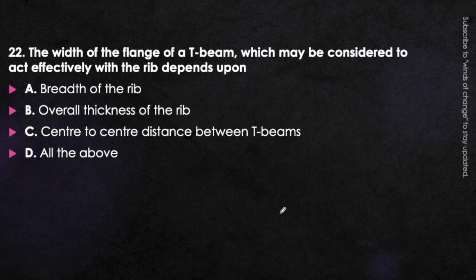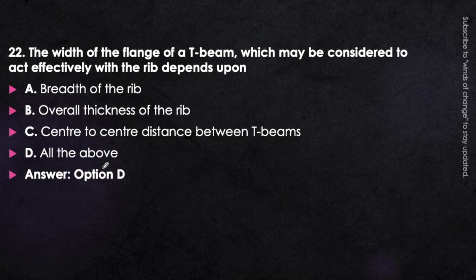Next question. The width of the flange of a T-beam, which may be considered to act effectively with the rib, depends upon the width of the rib, overall thickness of the rib, center to center distance between the T-beams, or all of the above. Here we are talking about the width of the flange of a T-beam. It will depend upon the parameters that the formula contains.